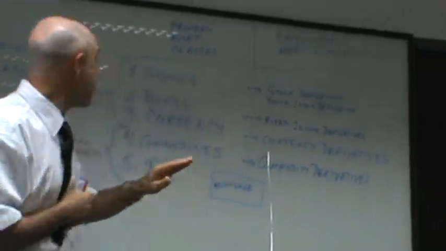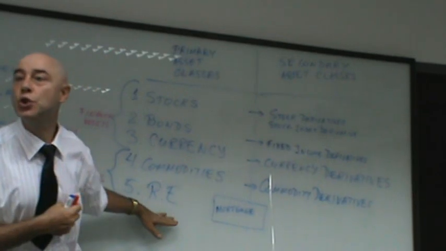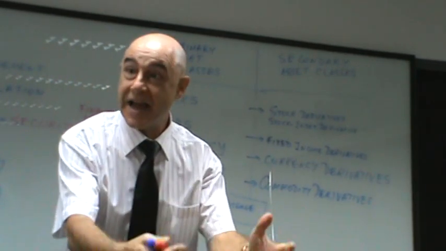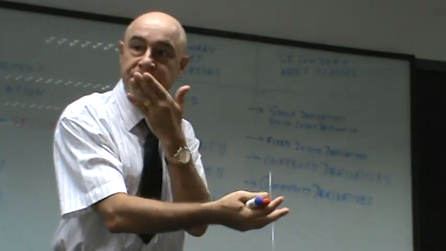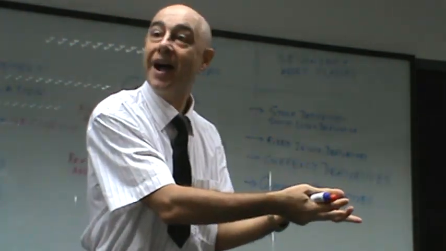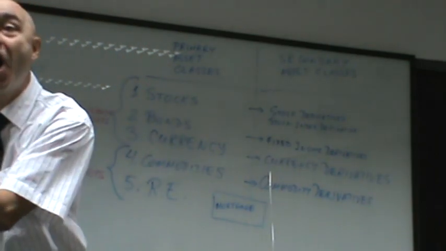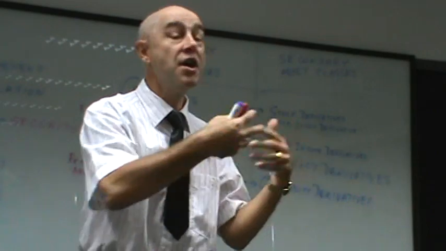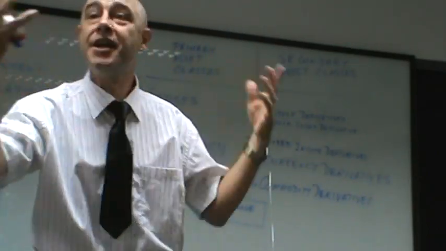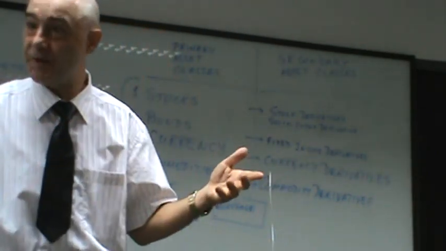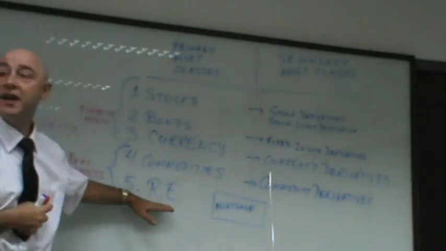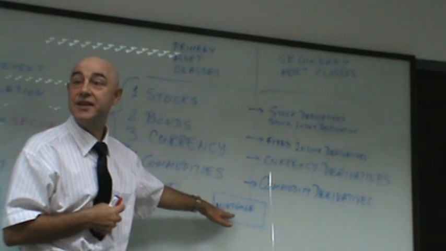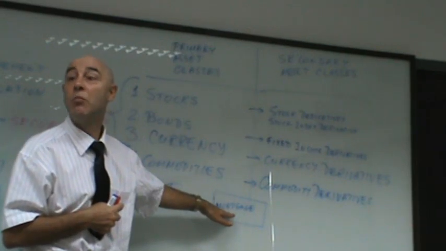A mortgage is a loan secured by real estate. You can take a loan, secure it with your house, to buy a car. You can take a loan to go on vacation. Any loan for any purpose secured by real estate is called a mortgage. That's the meaning of mortgage.